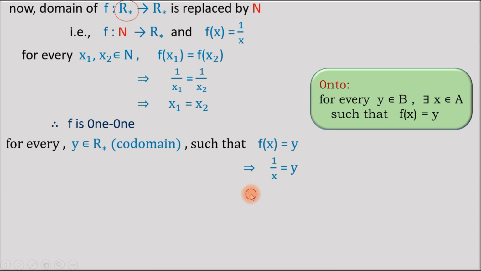Take reciprocal on both sides, x becomes 1 by y. Since y is a non-zero real number in the codomain, 1 by y cannot always be a natural number, hence this does not belong to the natural number domain. Hence the condition of an onto function is not true. This function is not onto. So the function is 1-1 but not onto when we replace R star by N.